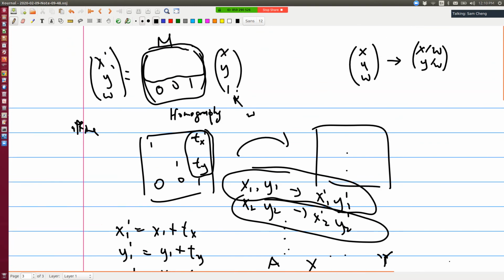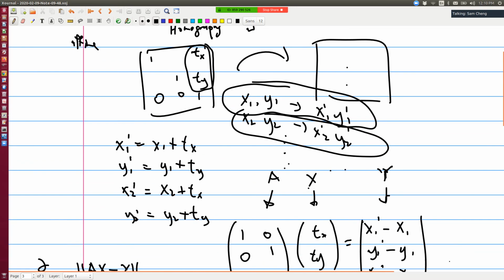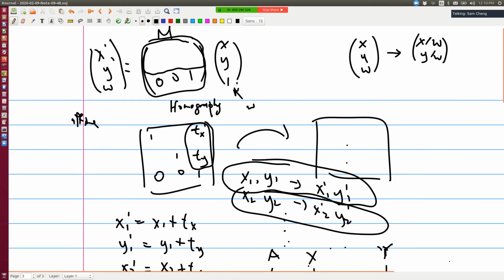But now let's look at how about if I want to fit the homography. It will be a little bit different, so I want to go through that as well. Think of it, I have a homography now, so the entire matrix is variables.